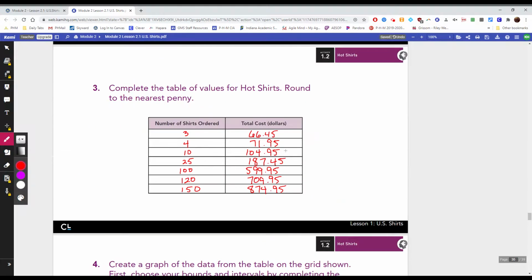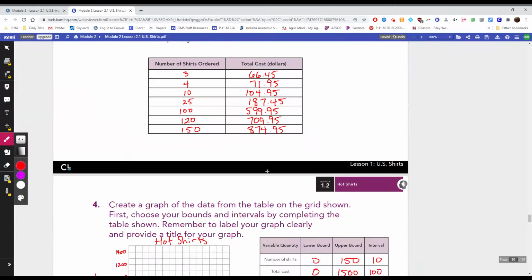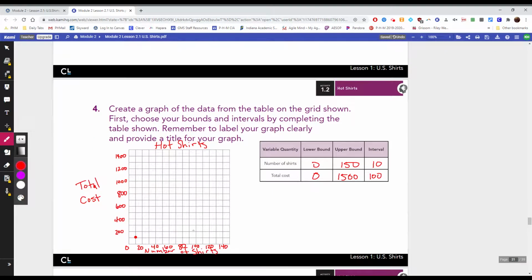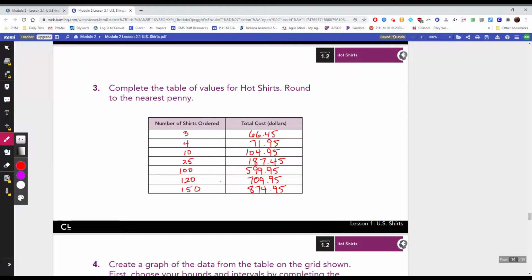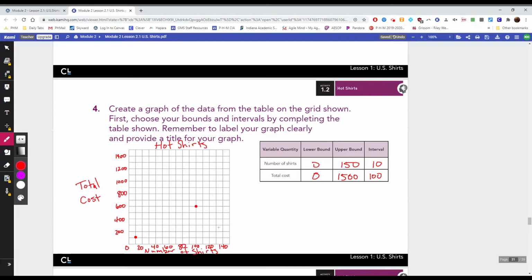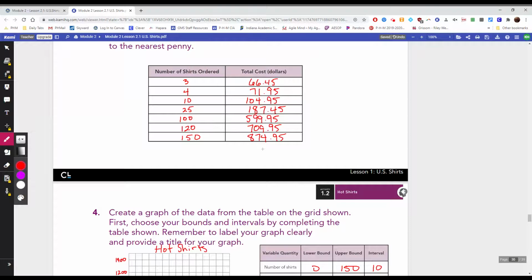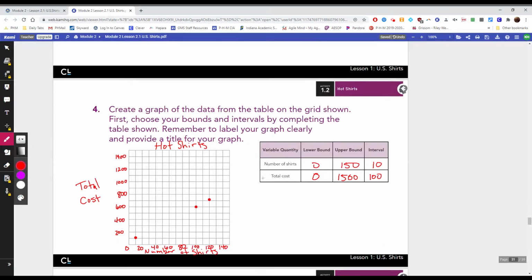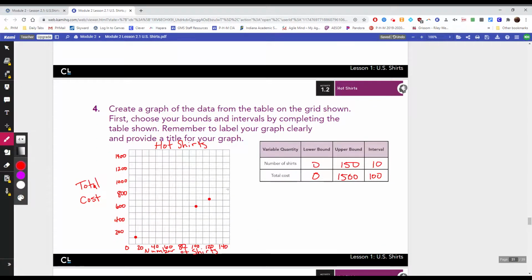There we go. 100 shirts, just under $600. For 120 shirts, it was just over $700. So here's 700, just a little bit above 700. And for 150 shirts, it was $874.95, so almost 900.